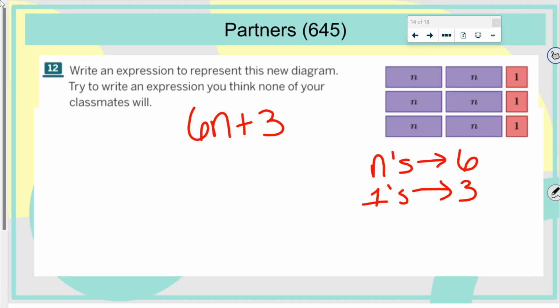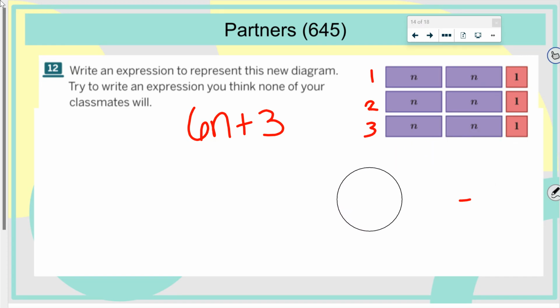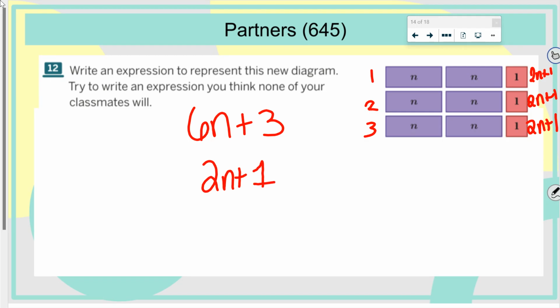Now let's also look at our groups. We have 3 different groups, and they are each 2n plus 1. So we have 2n plus 1 three different times. So 2n plus 1, and then multiply that by 3.